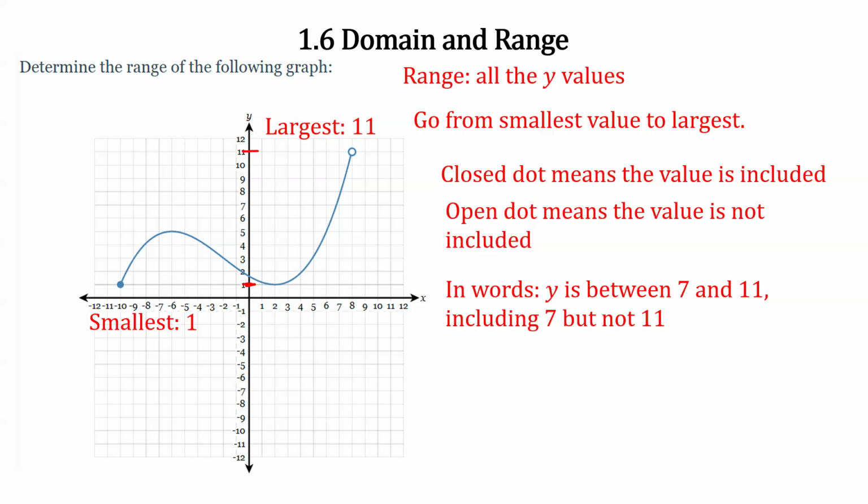So the first thing we write is the 7, our first number, and it's going to be less than or equal to, because it includes 7, so it can be equal to. And we're talking about a range, we're talking about y. This is where you really got to be careful, whether you're using y or x. If we're talking range, we're talking y. And now we're going to say less than, because it doesn't include, we don't say less than or equal to. Less than 11.